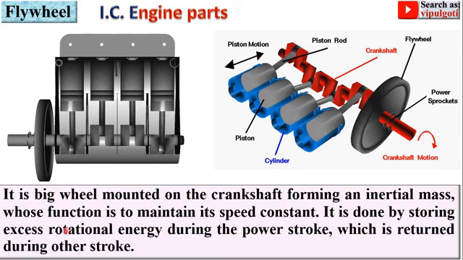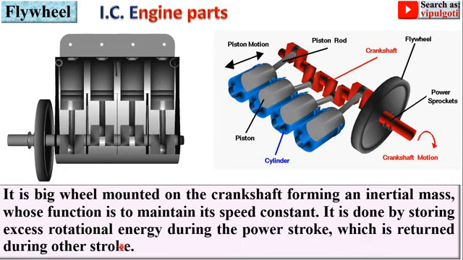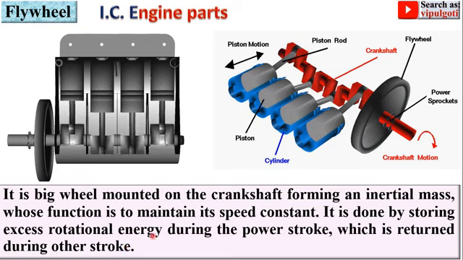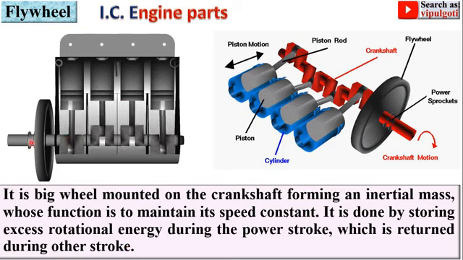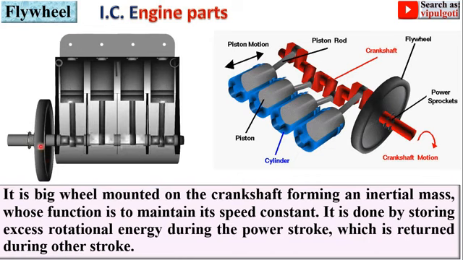It is done by storing excess rotational energy during the power stroke, and which is returned during the other remaining strokes. So you know that during the power stroke, the excessive rotational energy is stored in the flywheel and that is returned back during the remaining 3 strokes.